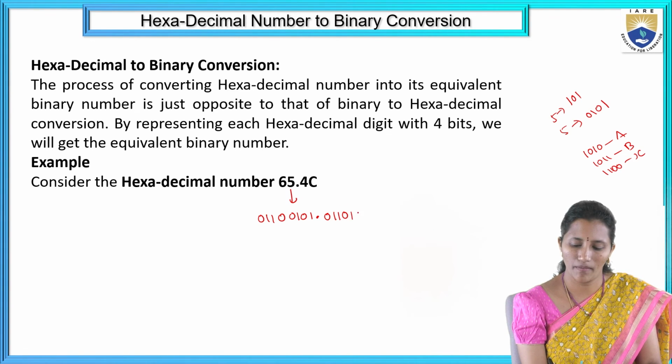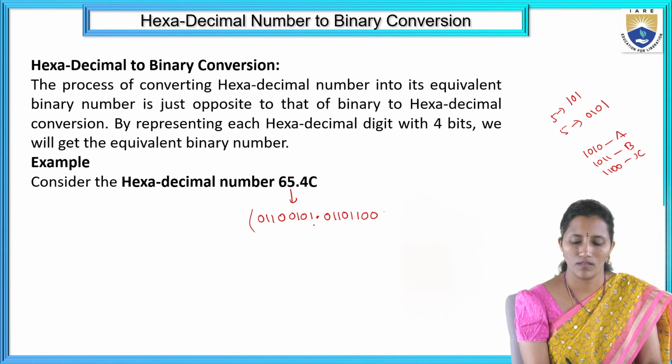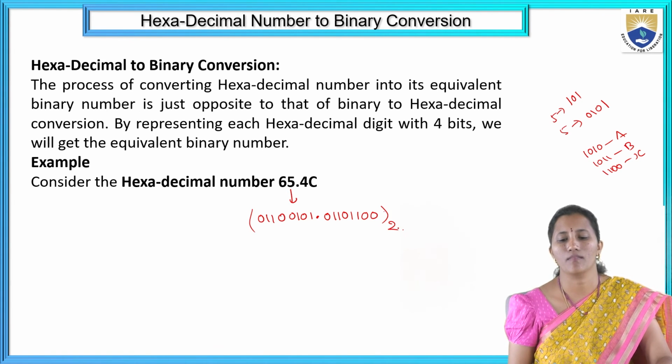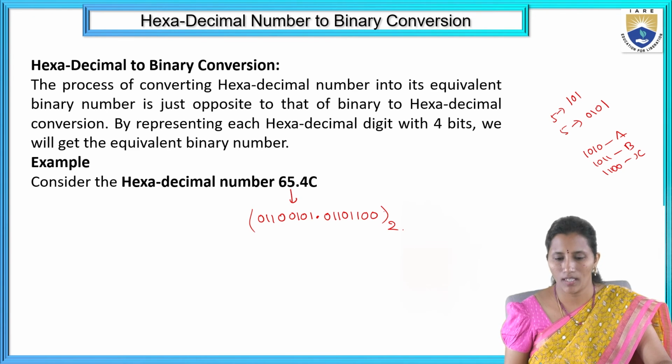C is represented by 1100, with A and B before it. So this is the equivalent of the hexadecimal number in the binary number system. Here we just have to write each digit as its 4-digit equivalent binary number.